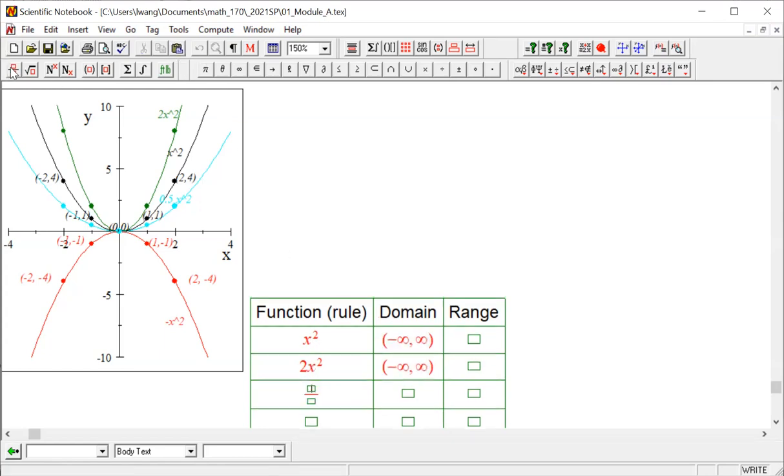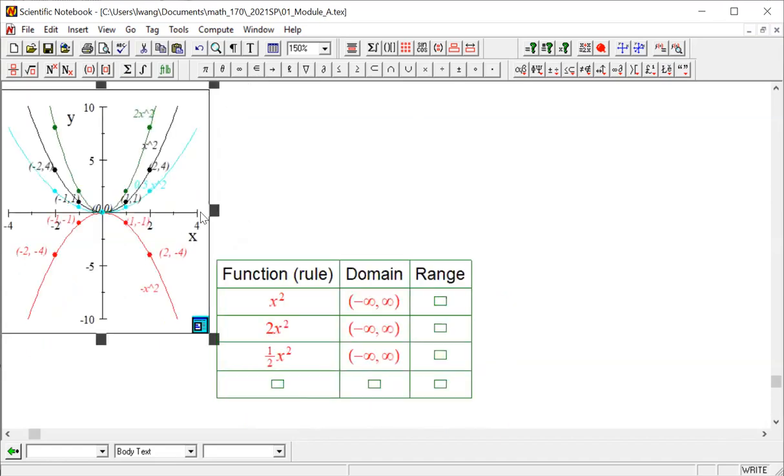For half x squared, domain and range are the same. Let me just adjust this a little bit. And negative x squared. They have the same domain. For the range, x squared is greater than or equal to 0.